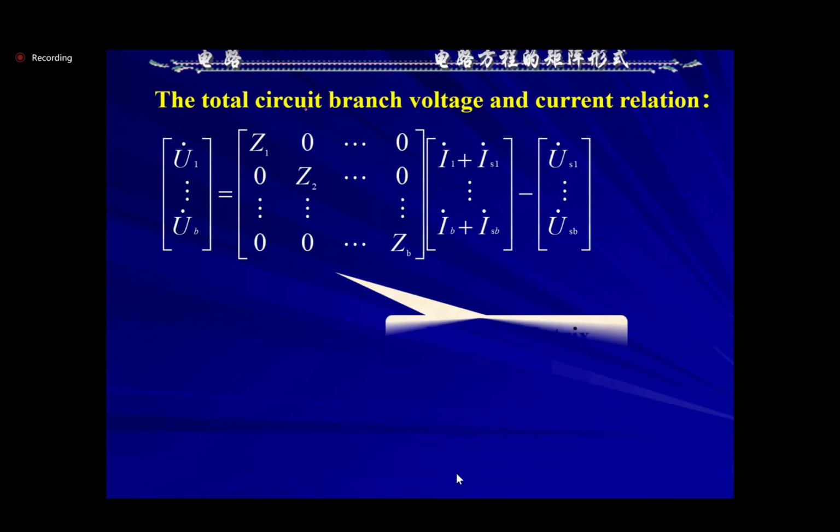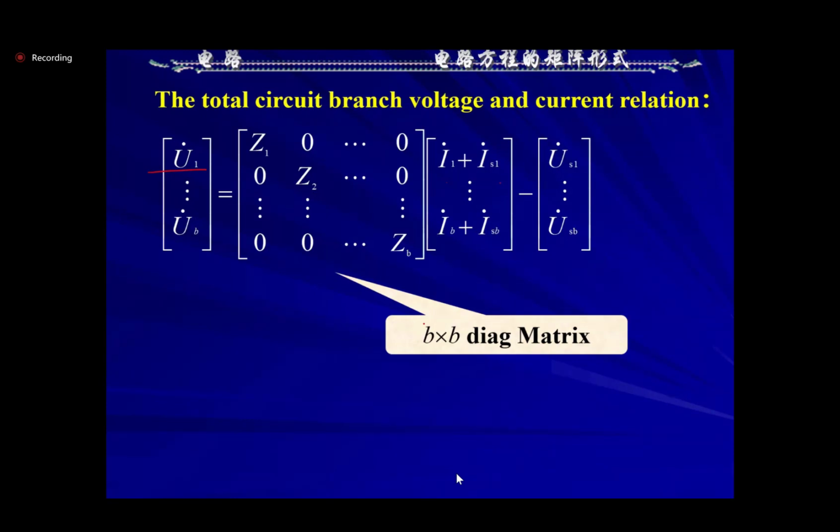The total circuit branch voltage and current relation can be written in this form. U1 equals Z1 I1 plus IS1 minus US1. U2 equals Z2 I2 plus IS2 minus US2. UB equals ZB multiplied by IB plus ISB minus USB.